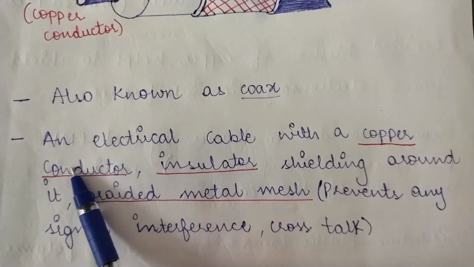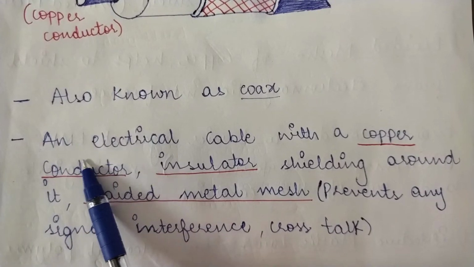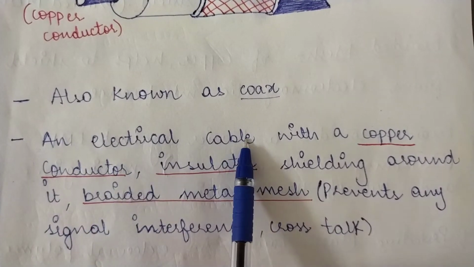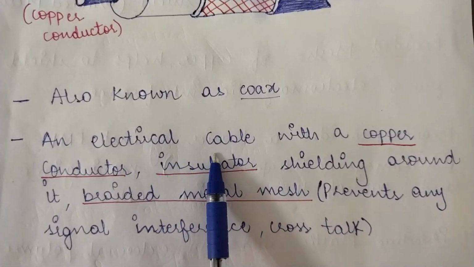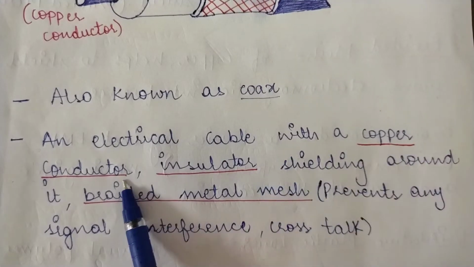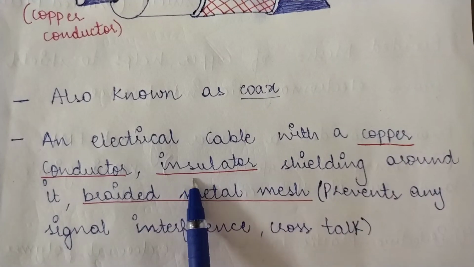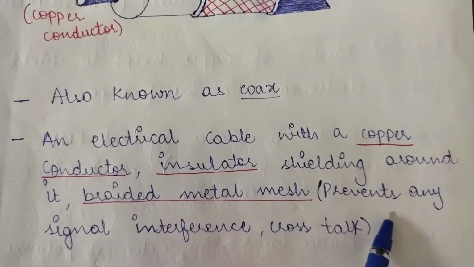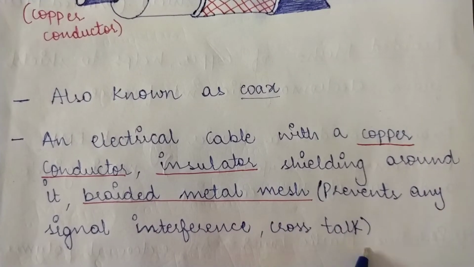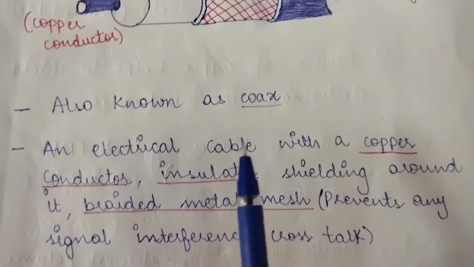Now the coaxial cable, also known as a coax, is an electrical cable, right? It carries electrical signals, hence it is an electrical cable with a copper conductor, an insulator shielding around it, a braided metal mesh, and then a protective plastic covering.